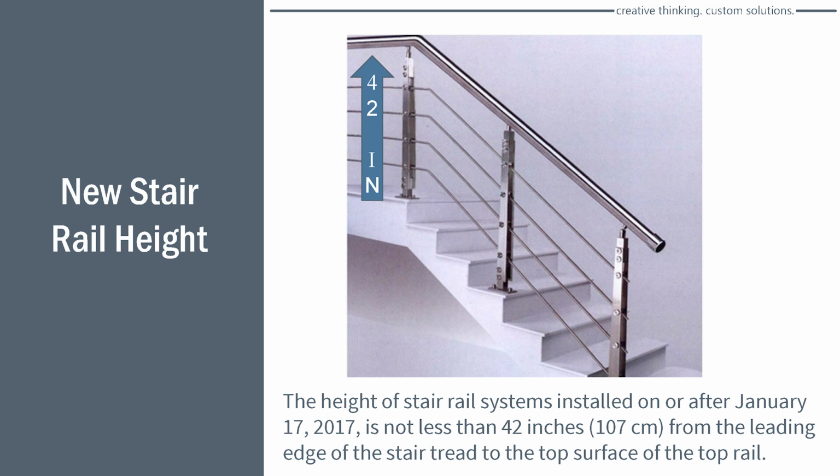So there was a gap going from the 36 to 38 to the 42. And so OSHA came back and said, why don't we do it this way? On the open side, on new construction, they want your stair rail height to be 42 inches all the way.